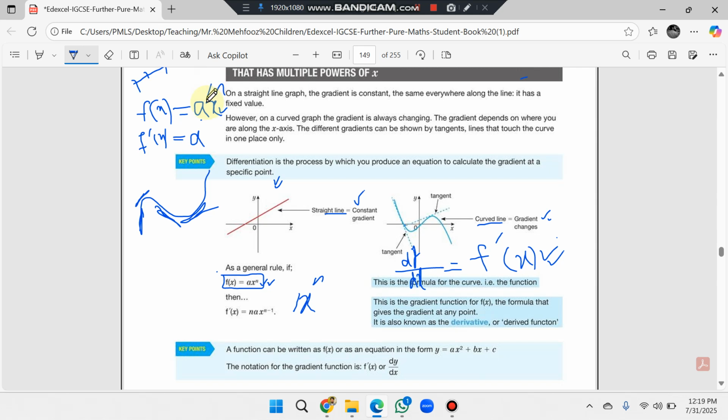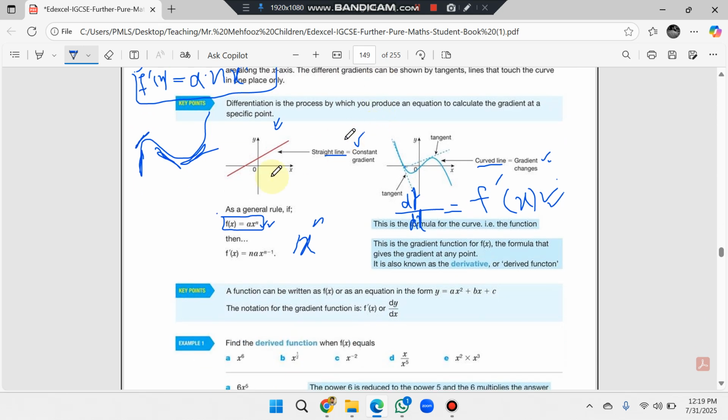Now we have to differentiate this term, and its derivative is that this power goes to the start, so it becomes a multiplied by n, a as it is, and x raised to the power one less. The first power is n, if we decrease it by 1 it becomes x raised to the power n minus 1. So this is the formula for the derivative. Understand or not?